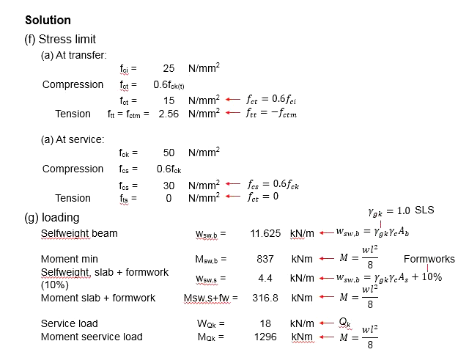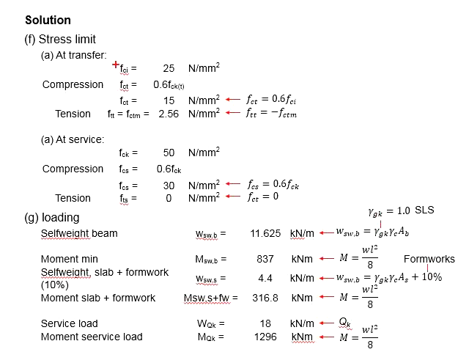Next, we will proceed with determining the stress limit for the precast sections at the transfer stage and at the service stage. There will be limits for the compressions and tensions. It is given that the FCK for the precast sections is 50 Newton per mm square.